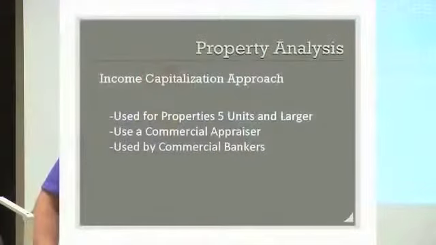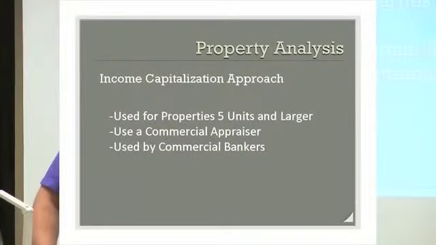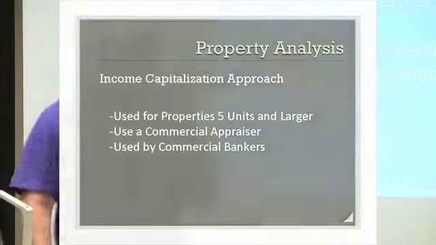The income capitalization approach is used for 5 units and over, so we specifically use this technique for 5 and over. Now, when you get an appraisal on a 60-unit building, the appraiser's going to go out there and study that investment, and come back and write an appraisal that's an inch thick, okay? And in that report, the appraiser is going to take into consideration all of the approaches.